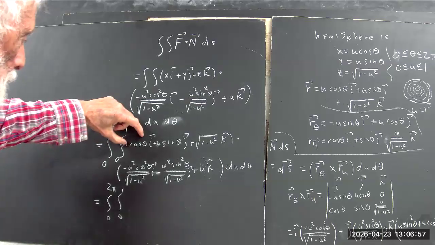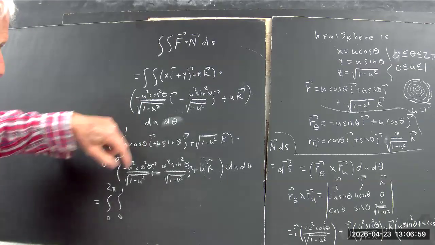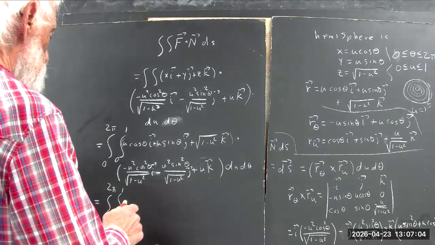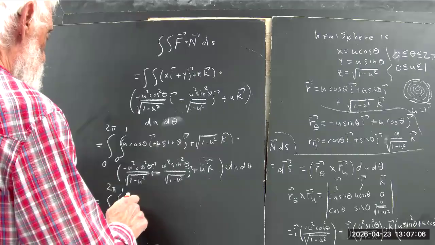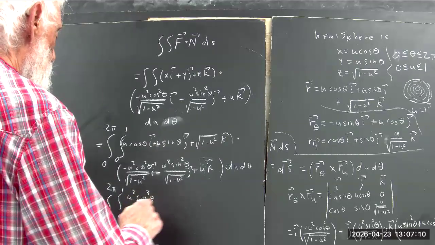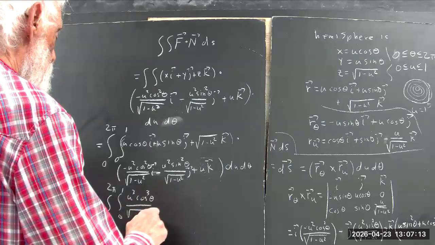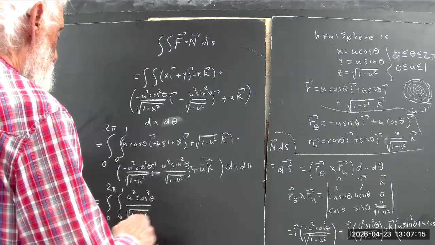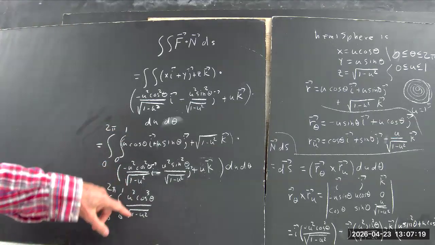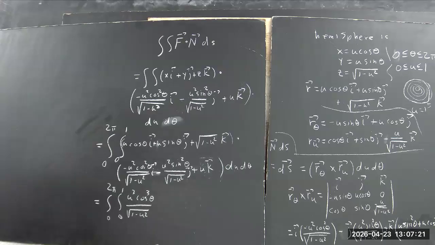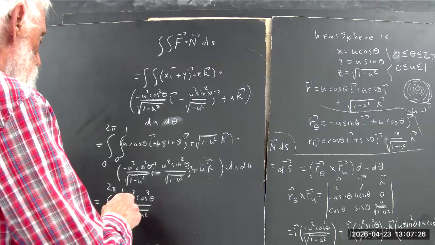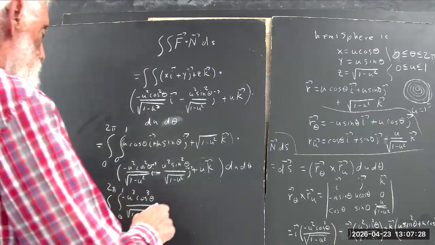Well, you're going to have u cosine theta times negative u squared cosine squared theta. You're going to get the i components: negative u cubed cosine cubed theta over the square root of 1 minus u squared. It should have a negative on it.